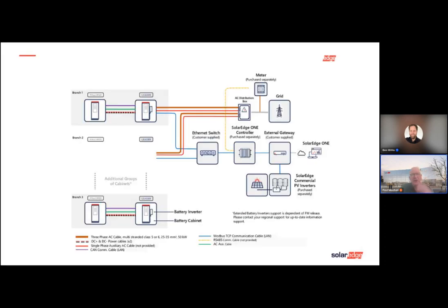Right. And just to give you an idea, this would be a simple SLD of a system in a particular location, and you can see the various component parts. You have the solar, obviously, that's linked, and you have the one controller that we talked about, SolarEdge 1. SolarEdge 1 is our new one, and hopefully anybody who's doing solar has downloaded this onto their mobile.